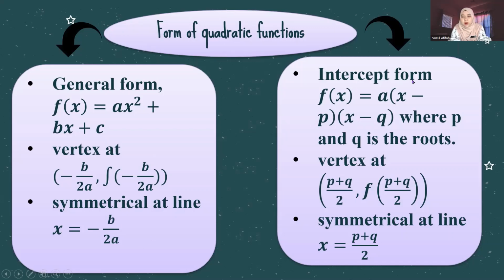While for the intercept form, the equation is f(x) equal to a times (x minus p) times (x minus q), where p and q are the roots. And the vertex is at (p plus q) over 2 for the x coordinate and for the y coordinate, f of (p plus q) over 2. And it is symmetrical at line x equal to (p plus q) over 2. So that is the difference.